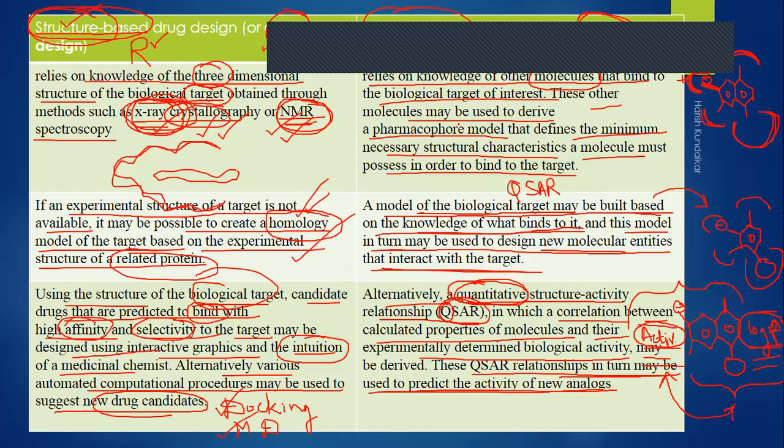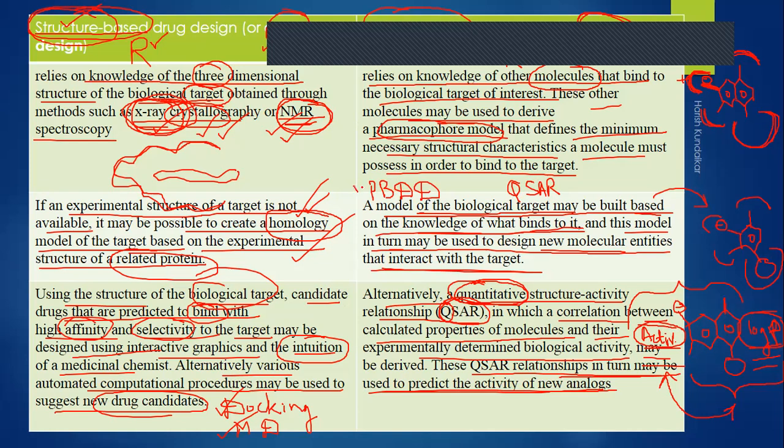And ligand-based drug design में we have talked about pharmacophore model. Okay, pharmacophore-based drug design, that is called PBDD. And then we have something called QSAR. So pharmacophore-based drug design and QSAR are two examples of ligand-based drug design.